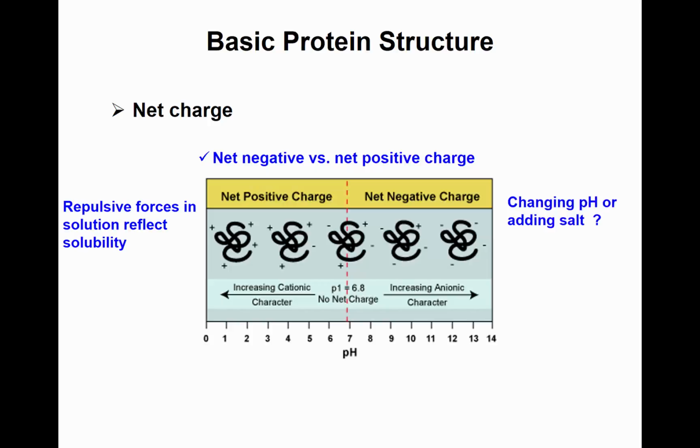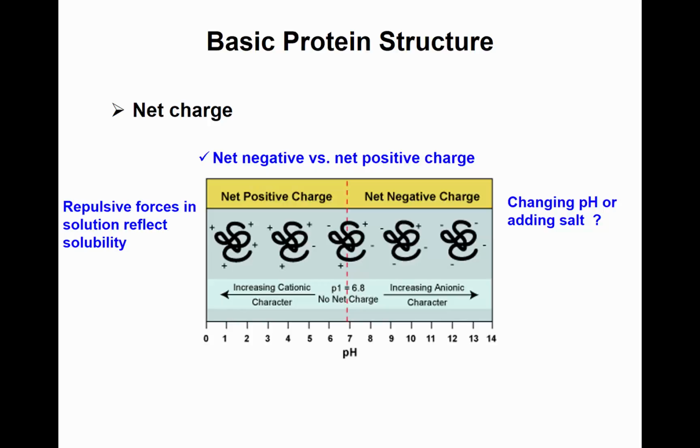So what happens if we change the pH? At the isoelectric point, you have equal pluses and equal minuses. But as you titrate with base, you're adding OH minuses. Some of your positively charged groups, some of the amine groups, are going to donate a proton, saying, it's too basic around here, take my proton.